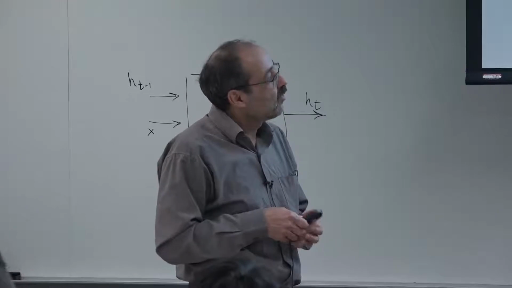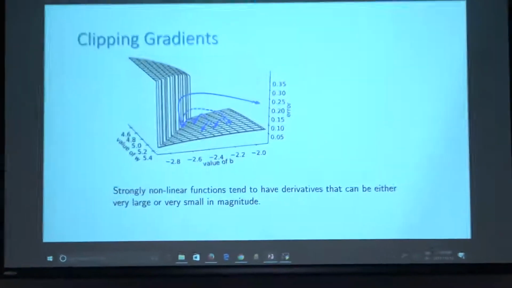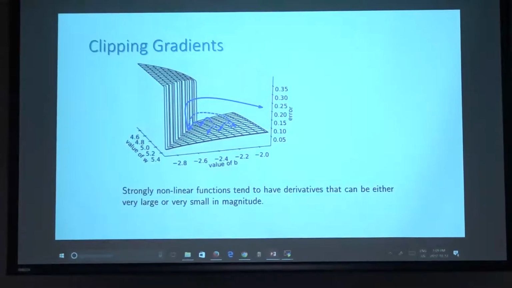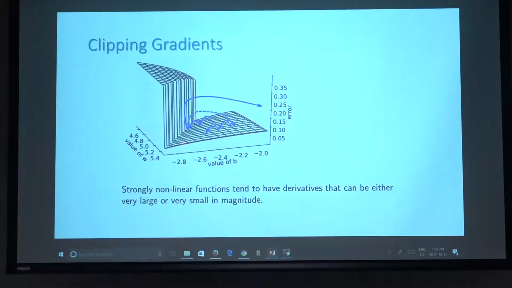The problem of exploding gradient is that, as I mentioned the other day, if you have a very nonlinear function and search space, it's quite possible that at some points you have a huge gradient. And even if your learning step is very small, you are going to have a scenario similar to this.